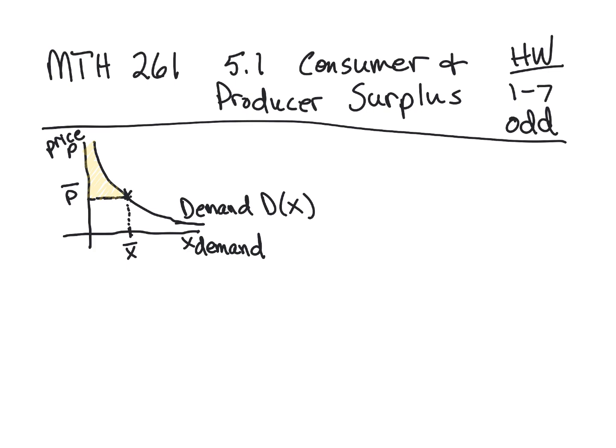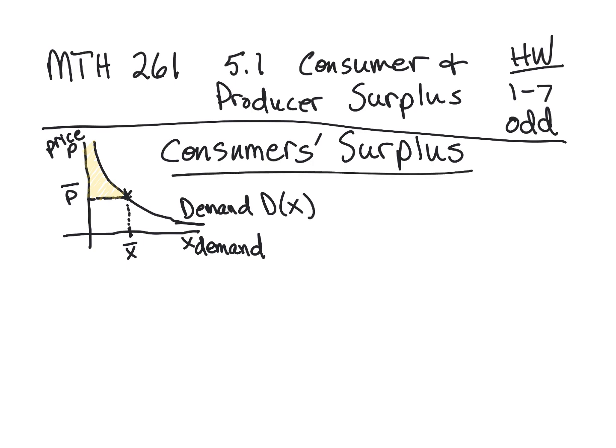So that area right there is called the consumer surplus. And when you're in your business class, you'll have a way to find this.